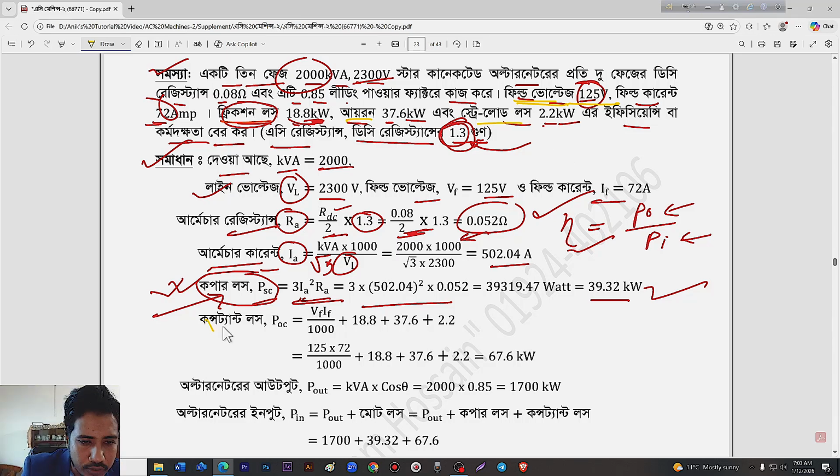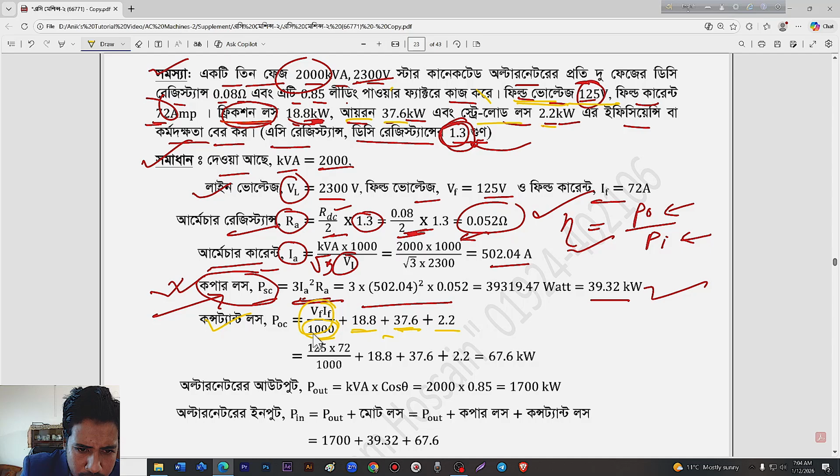And the constant loss will be VFIF divided by 1000 plus 18.8 plus iron loss 37.6 kilo plus 2.2 kilo. Here we have the division by 1000 for VFIF, because all values are given in kilowatt.